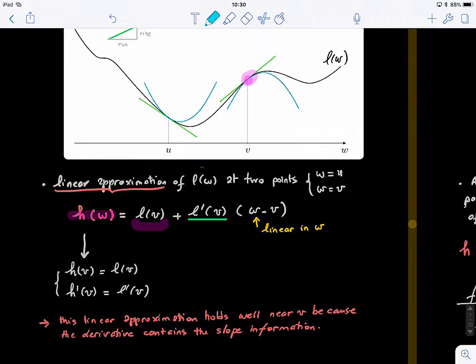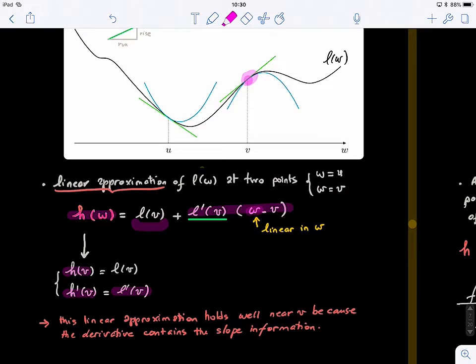So this function has two important properties. The first one: if you compute h of v at our observation point, we get L of v, okay? So it has exactly the same value, and the derivative also is exactly the same. I guess all of you know how to compute this. If we replace w by v, this term will become 0, right? So we end up having L of v.